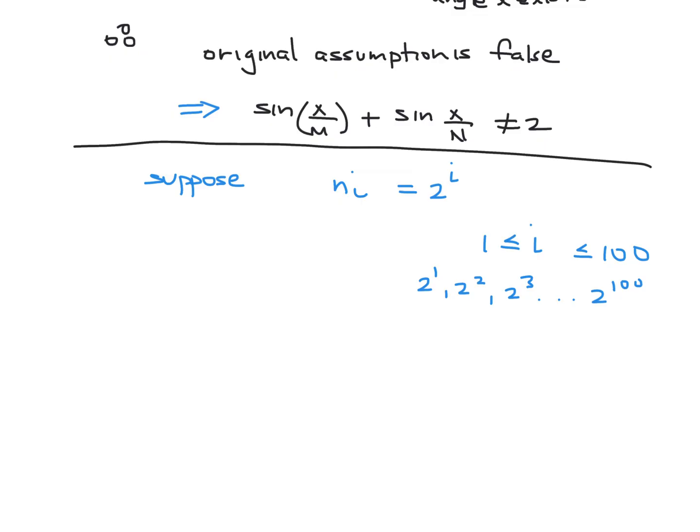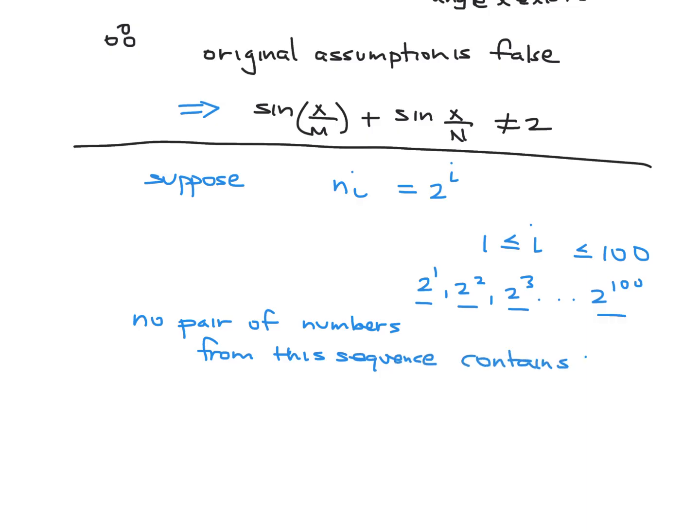Now, we need to get a pair of numbers from the sequence that contain the same number of factors of 2. But none of them contain the same. They all have different. So no pair of numbers from this sequence contains the same number of factors of 2.